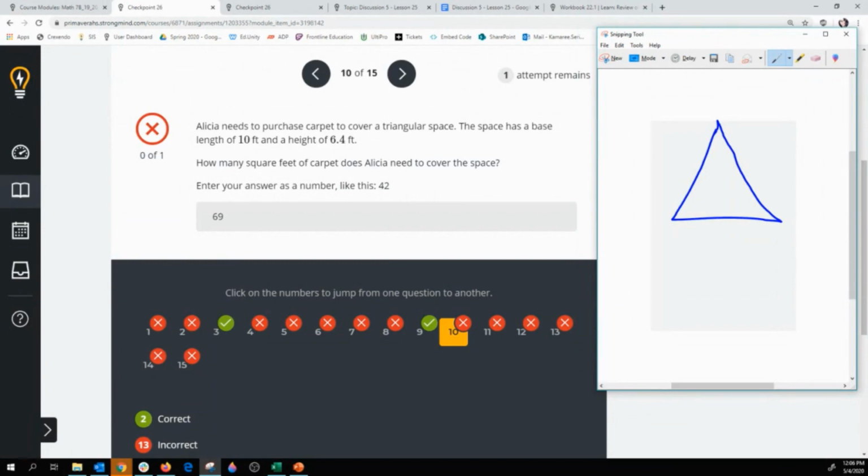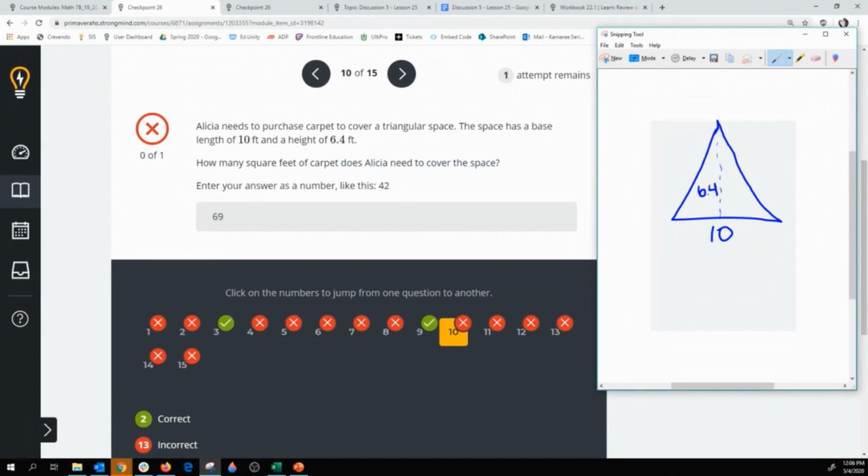It says that the space has a base of 10 feet. So base is the bottom. And it has a height of 6.4 feet. So the height of my triangle here is 6.4. And we want to know how many square feet of carpet does Alicia need to cover her space?